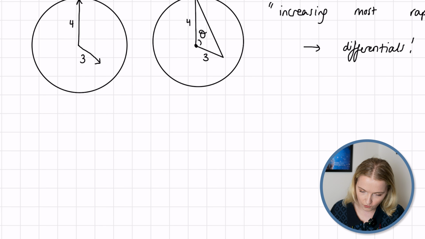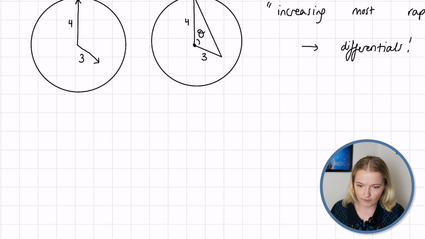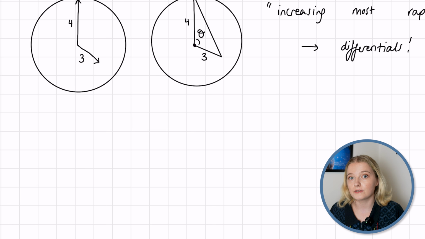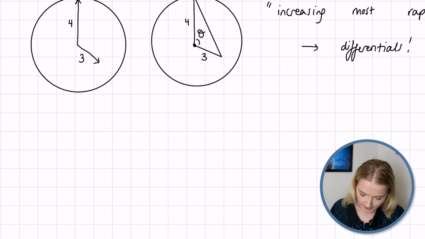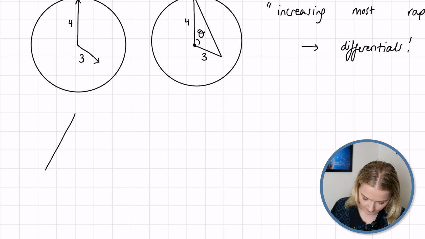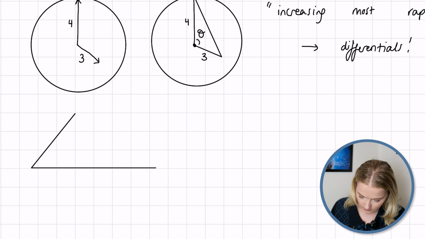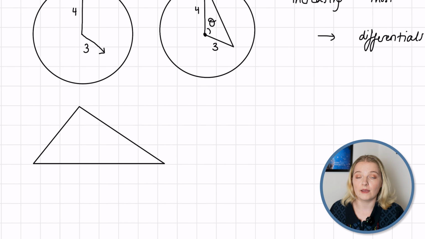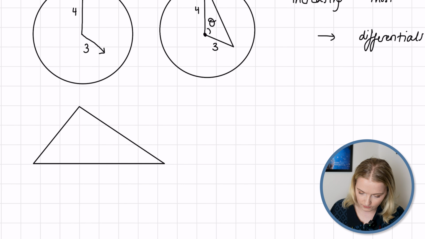Now I'm going to draw out a triangle, just to remind you of a rule called the cosine rule, which is what we're going to exploit here. You may remember this from GCSEs or A-levels if you're from the UK.